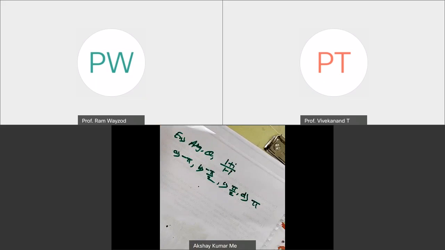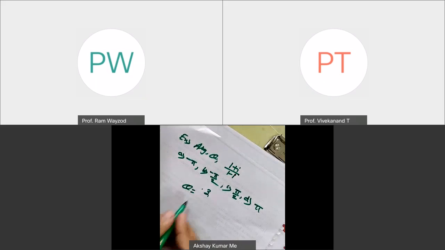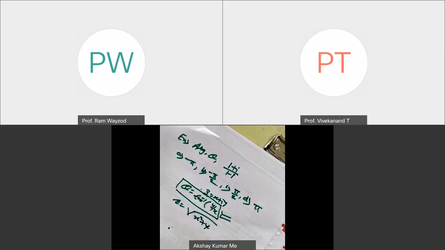So you know that the argument theta for a complex number z equal to x plus iy is tan inverse y by x, and the modulus is root of x square plus y square.